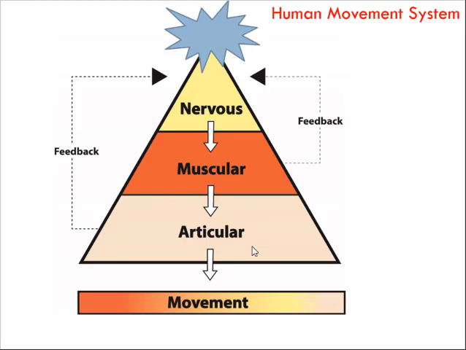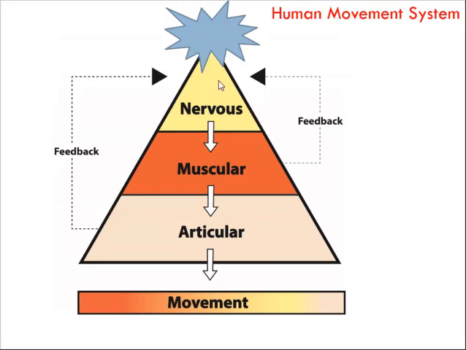And the way this is read is that movement occurs here at the articular system. The articular system is 100% controlled by the muscular system, and then the muscular system is 100% controlled by the nervous system. And so there's a flow of information where the signal starts here in the nerve. This blue explosion, comic book pow type thing, represents conscious thought. So you have a thought, and this could be subconscious thought as well.